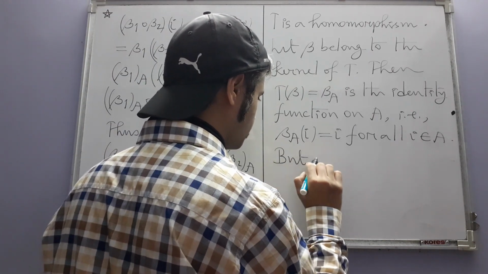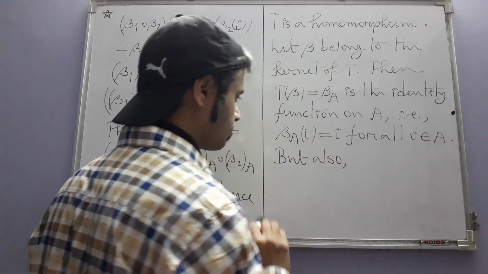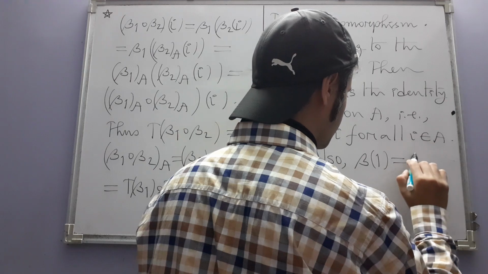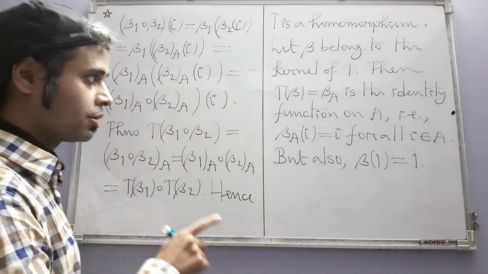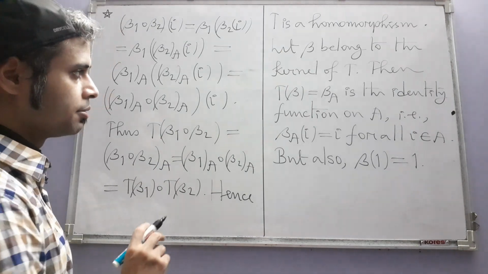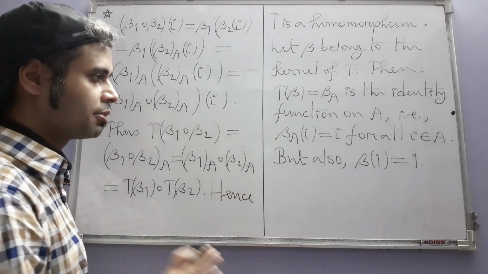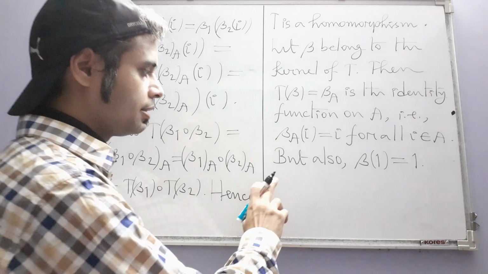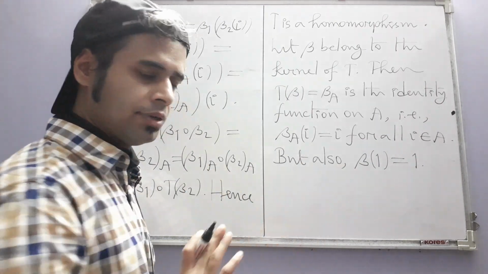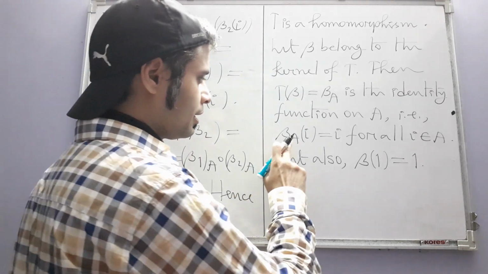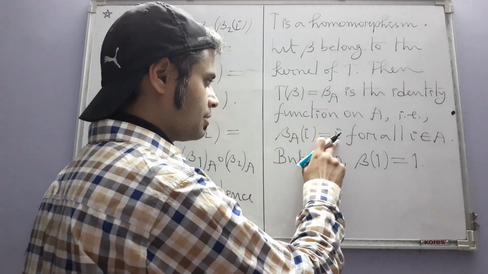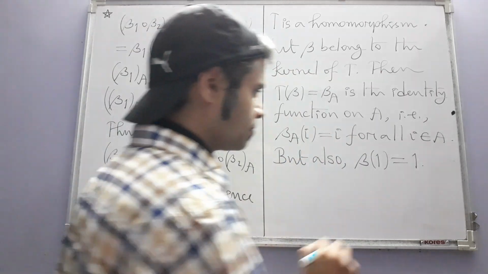But also beta of 1 is equal to 1 because beta is coming from H, right? Our inputs are all coming from H, so actually they are all permutations in S5, but they fix 1. So beta A fixes I and beta fixes 1, and this I is any I from A.